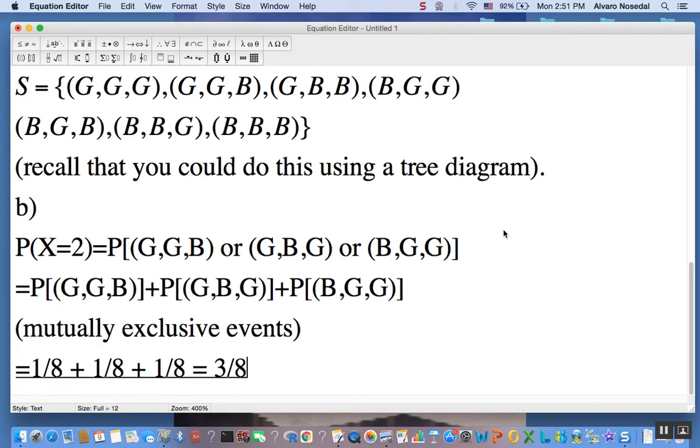And just let me remind you that a countable set is an infinite set that has a one-to-one correspondence with the positive integers.